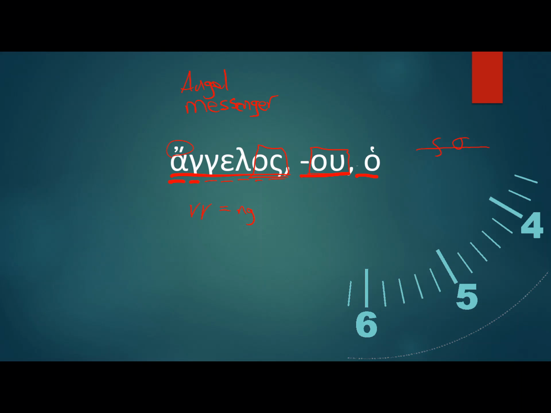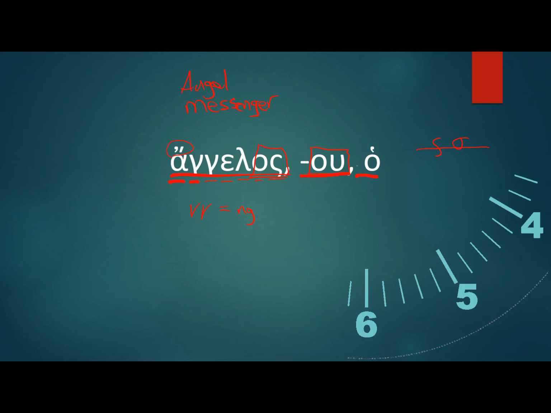Now, you've not got into the nominative and the genitive yet, so don't worry about that. But just understand that Greek words change their forms. And so you will need to know not only angelos, you need to know angelos, angelou, ha.